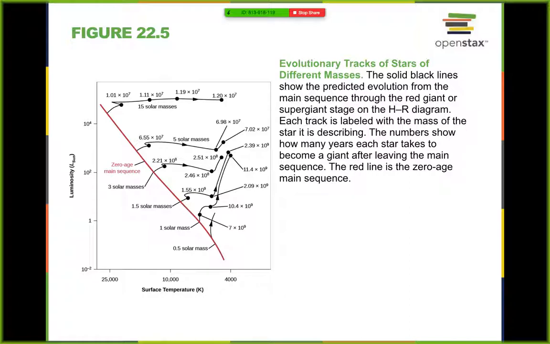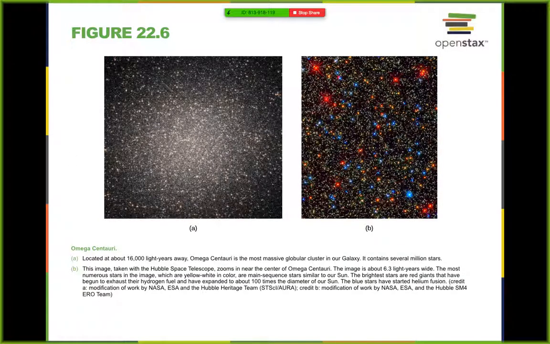So they slowly expand and go up to become a red giant, whereas the last and topmost track you can see is for a star of 15 solar masses. These stars leave the main sequence and become supergiants, those super luminous, 10,000 times as luminous as the sun, and they span a range of surface temperatures because they undergo different steps in their evolution.